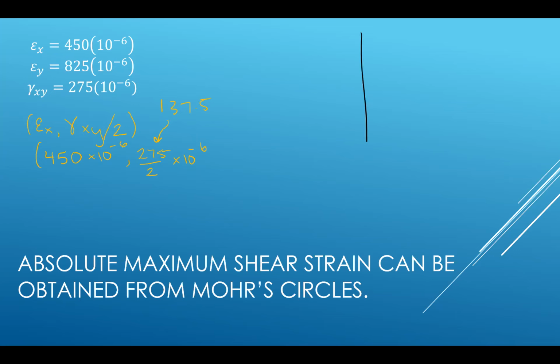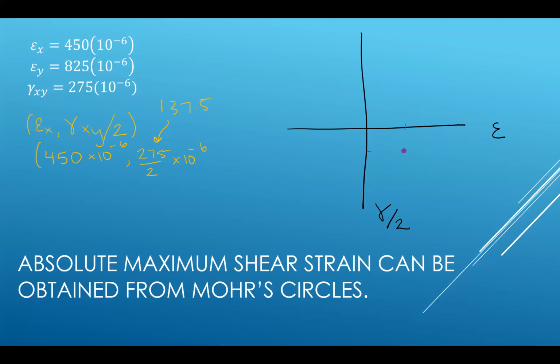So if we draw a Mohr circle, and we draw that point, let's say 450 is here, and positive 137 is here, so we get this point.